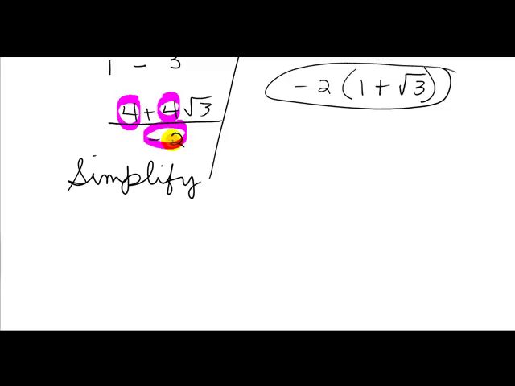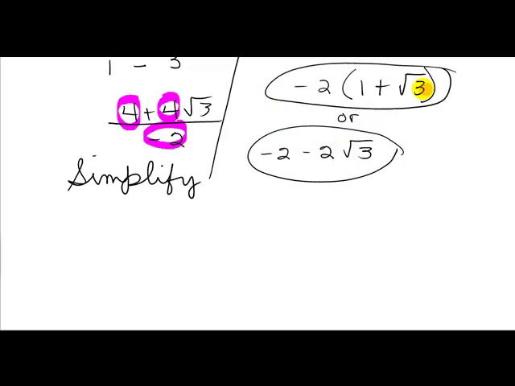So 4 divided by negative 2 would be negative 2, and then this 4 divided by negative 2 times the square root of 3. And so this is another answer. And if you look at this, negative 2 times 1 gives us the negative 2. Negative 2 times the square root of 3 is right here. So either of these answers are correct.